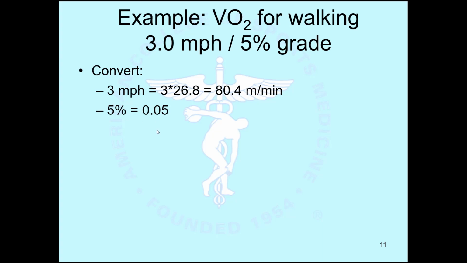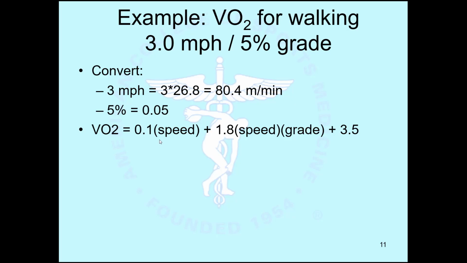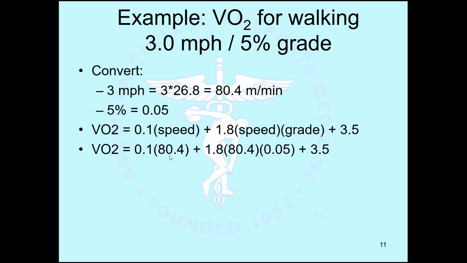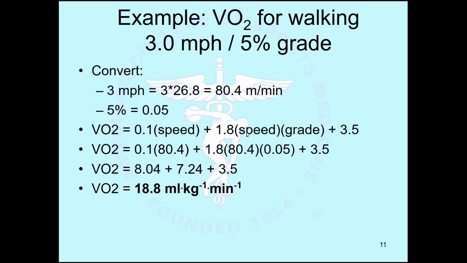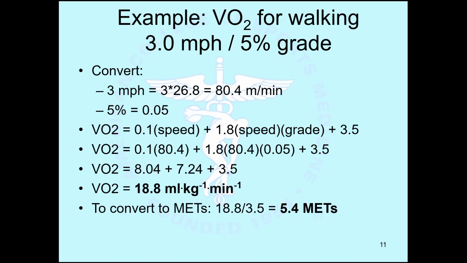Plugging in: 0.1 times 80.4, plus 1.8 times 80.4 times 0.05, plus the resting component, gives about 18.8 milliliters per kilogram per minute. To convert that into METs, which is common, we divide by 3.5, which gives us 5.4 METs.